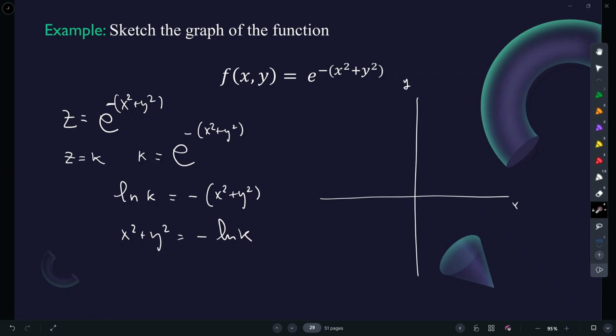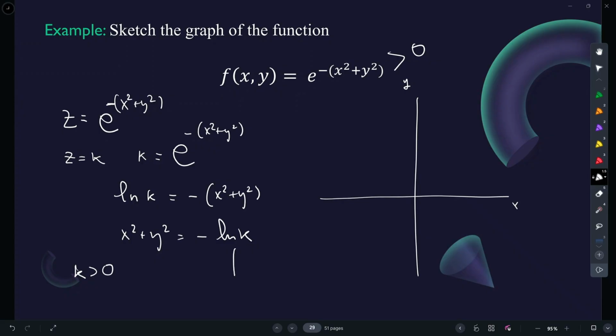When k is 0, the logarithm would be minus infinity, a circle of infinite radius, so it doesn't even make sense. In fact, the exponential function is always positive, so there are no z values that are negative. So k has to be bigger than 0. There are only level curves for positive values of k.